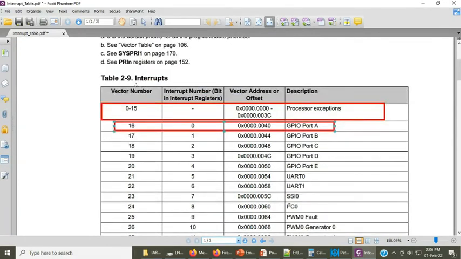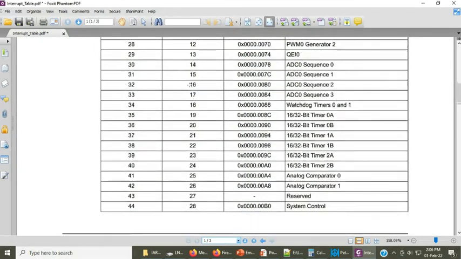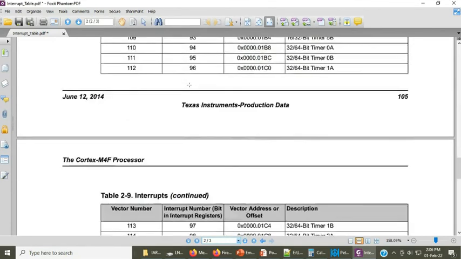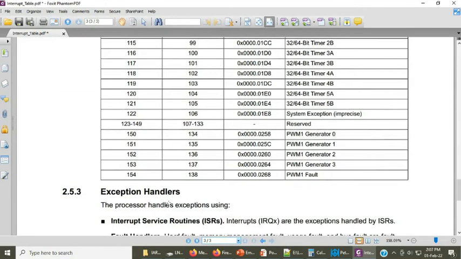How many interrupts does this particular microcontroller support? If you go down, you can see it supports almost 138 different interrupts. As for the vector range, the vector address runs from 16 to 154.